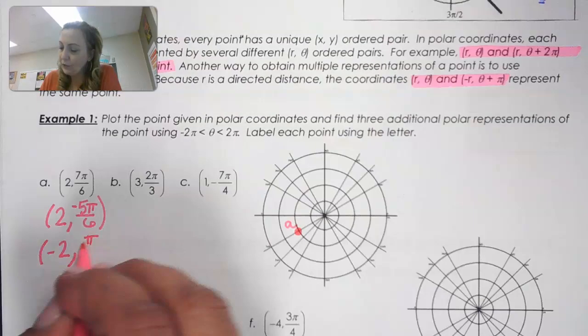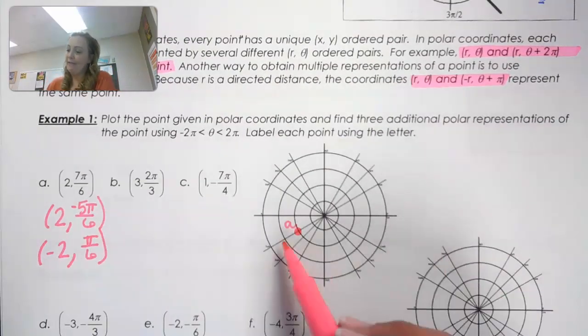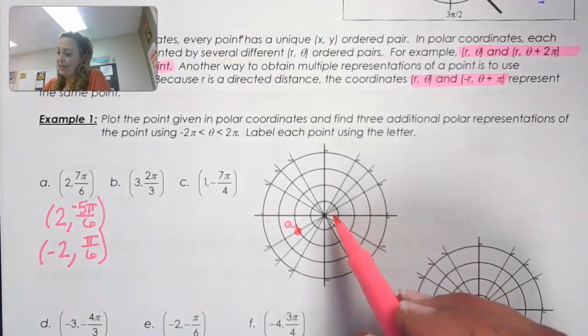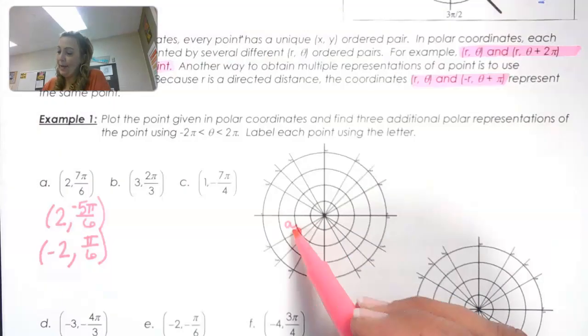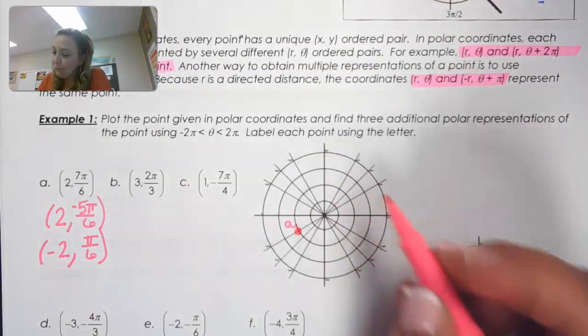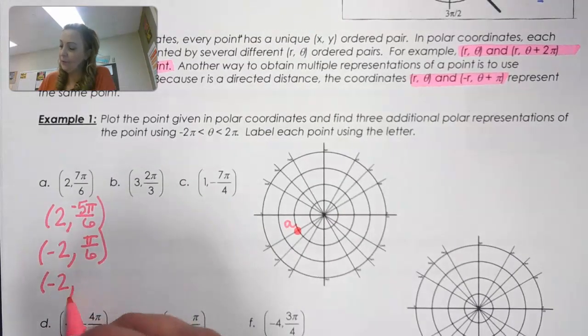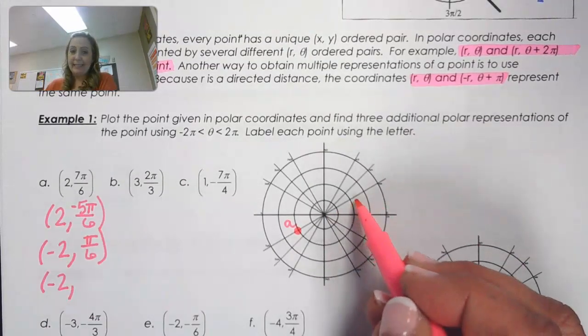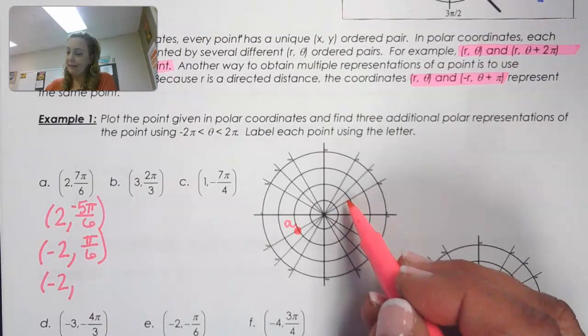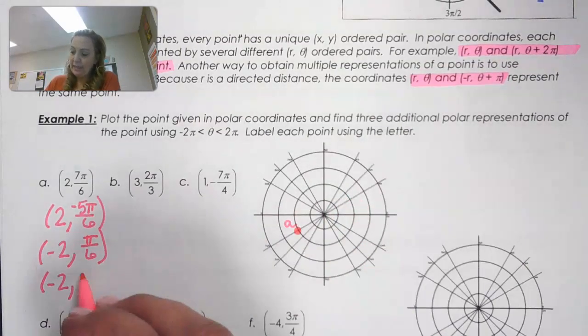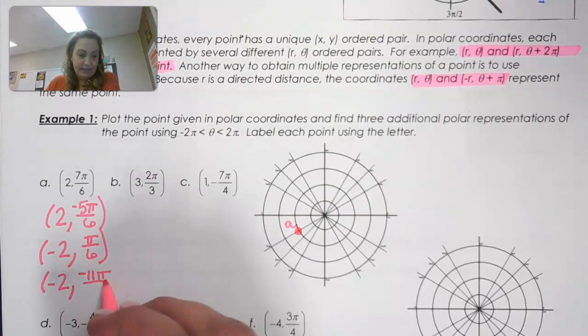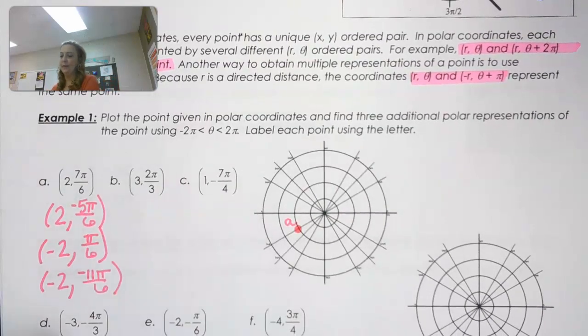So we also could label that as (negative 2, pi/6). Similarly, instead of talking about this as pi/6, we could think about that as a negative angle, and that would be negative 11 pi/6, because we know that those are coterminal to each other, okay?